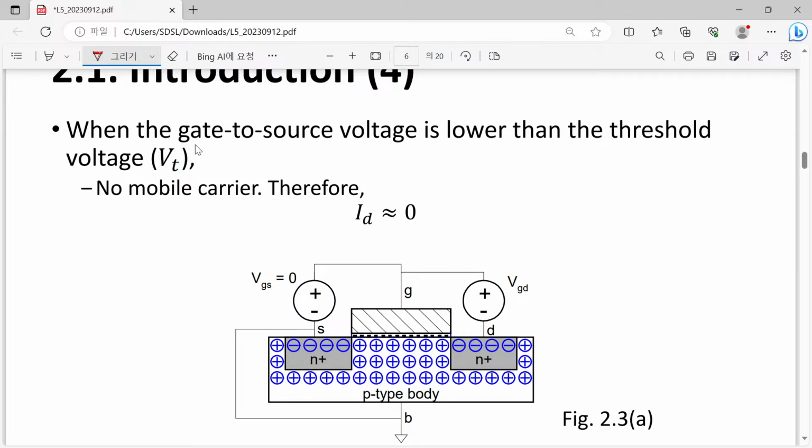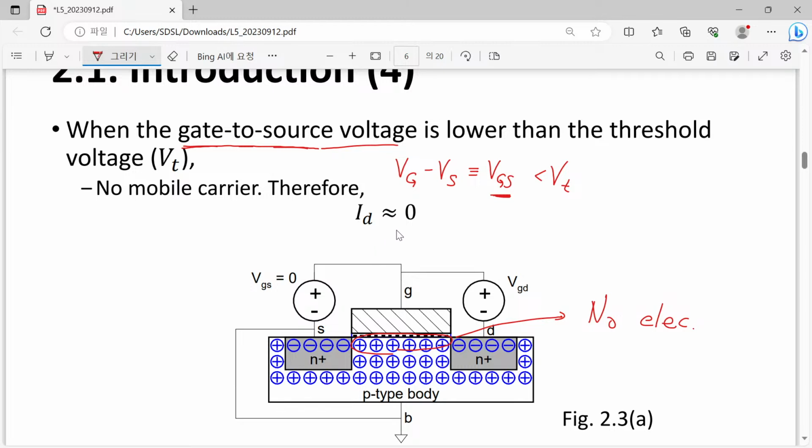When the gate to source voltage, meaning the voltage difference Vg minus Vs, defined as VGS and called the gate to source voltage, is lower than the threshold voltage, then we can easily understand that we have no inversion charges, no electrons at all. So in this case, the current would be quite small.